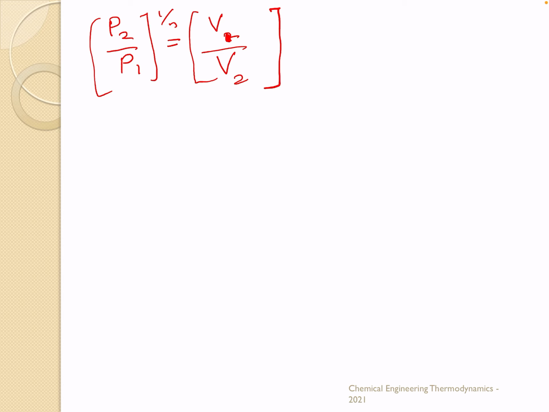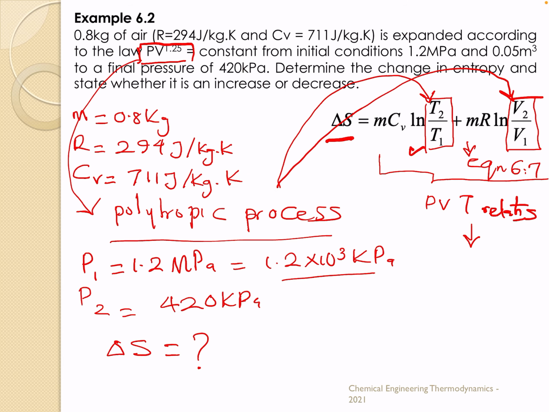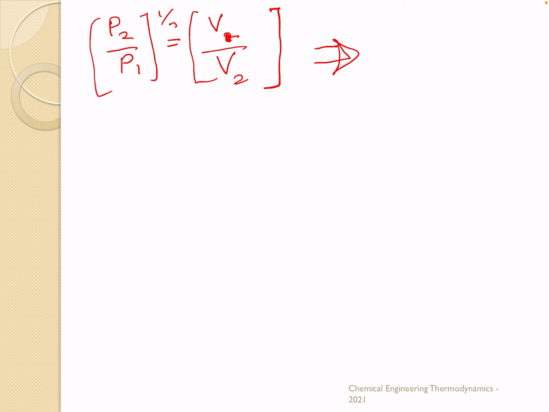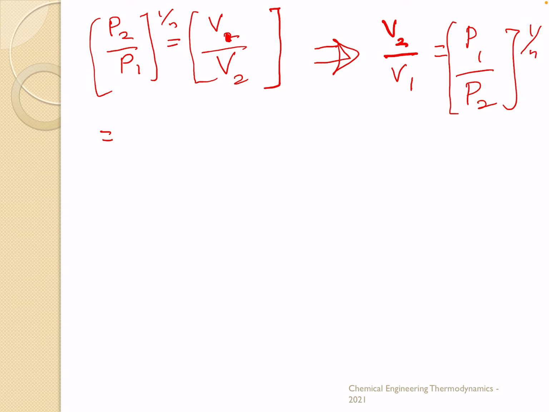But remember that the relationship we are looking for is V2 over V1, not V1 over V2. So we need to simplify further, and that gives us V2 over V1 equals P1 over P2 raised to 1 over n.